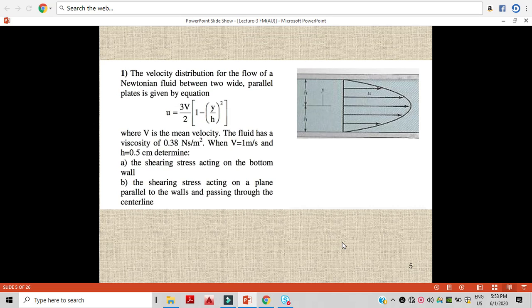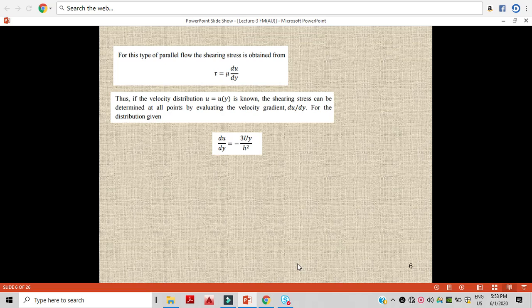So here, to find out the shear stress, we have to find out du by dy. Thus if the velocity distribution u as a function of y is known, the shearing stress can be determined at all points. Once you find an equation, we can find the shearing stress at all points by evaluating the velocity gradient du by dy.